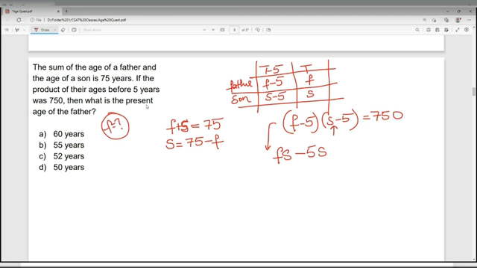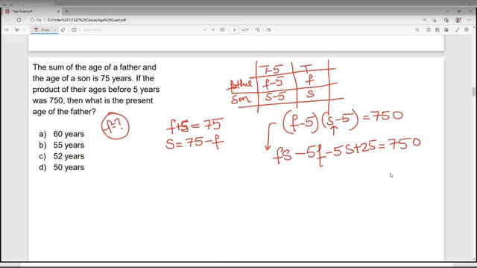Sorry, I'll make it f minus 5. So f into s is fs, f into minus 5 is minus 5f, then again minus 5 into s is minus 5s, then plus 25 is equal to 750.